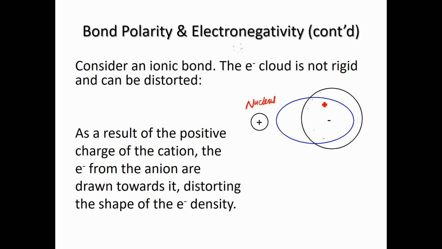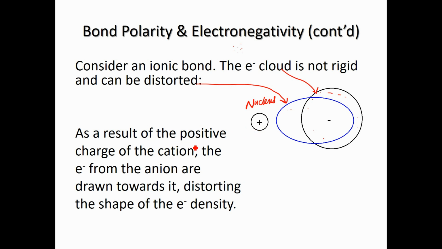If you bring a nucleus close to this electron cloud, which is carrying negative charges, then you'll expect that this circle is going to distort and be an oval because the negative charges will now be attracted towards the positively charged center. So you get a distortion. Instead of the electron cloud staying circular, it's going to be oval because of forces of attraction.